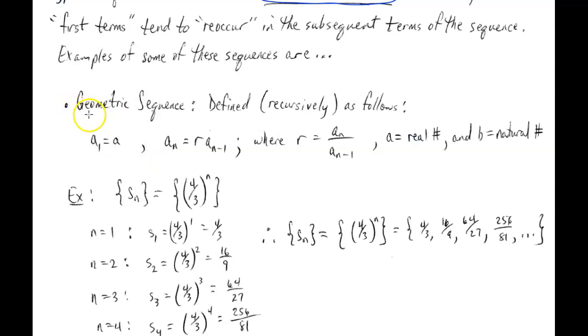So probably the most popular type of sequence that we use in calculus is the geometric sequence. And by definition, it is a recursive sequence. Part of the reason for that is if you look at this, the first term in any geometric sequence is going to be this A. And of course, the one thing that we know about a geometric sequence is that in that list of numbers, the quotient of the number divided by the number that preceded it is always going to be the same.